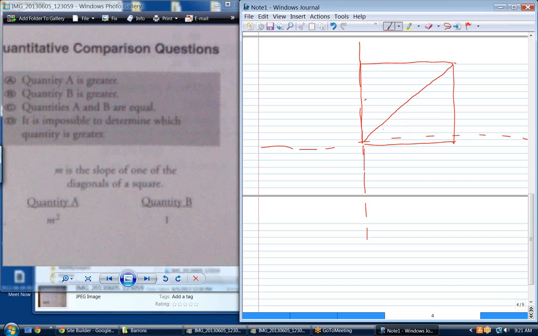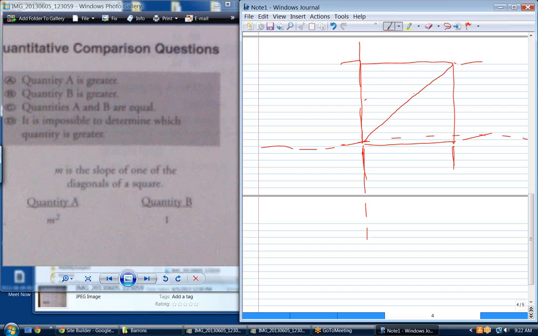What they're asking about is the slope of this line. In other words, the slope is the rise, this dimension, divided by the run, this dimension. As we go up this amount, and we go over this amount.